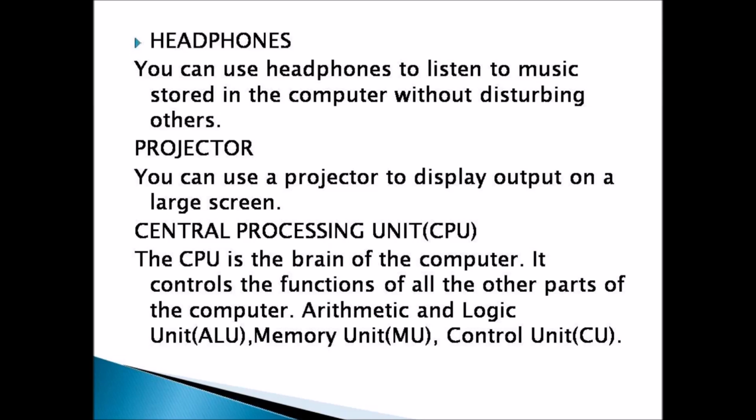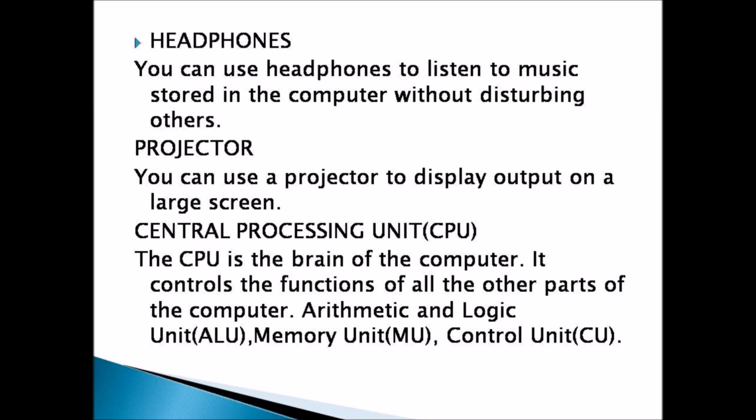The third one is control unit, because it controls all the operations of the computer. Okay children, are you all clear about what is CPU and its parts? Arithmetic logic unit, memory unit and control unit.